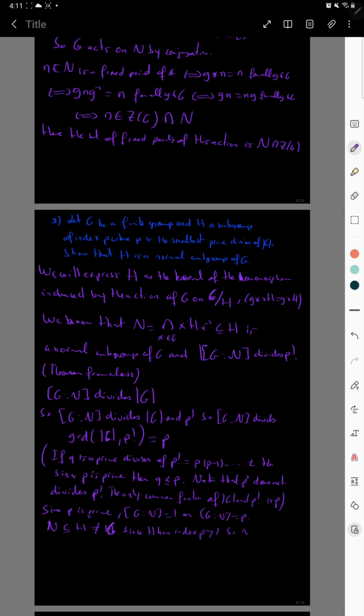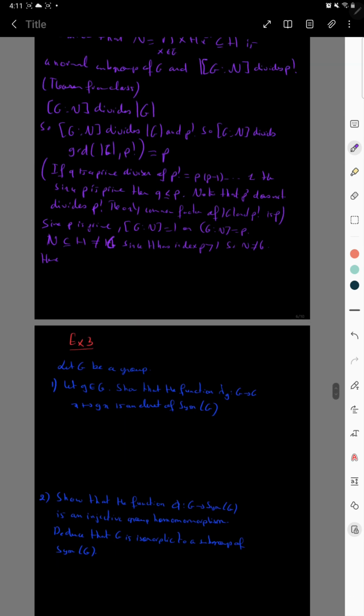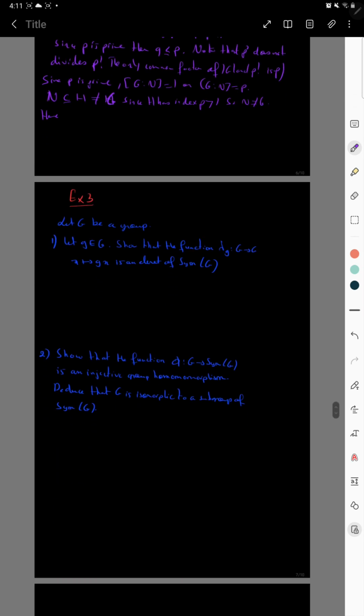So N is different than G. Hence, we have that the index is p.